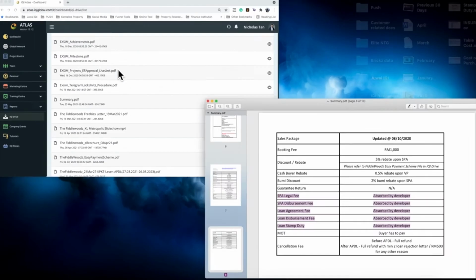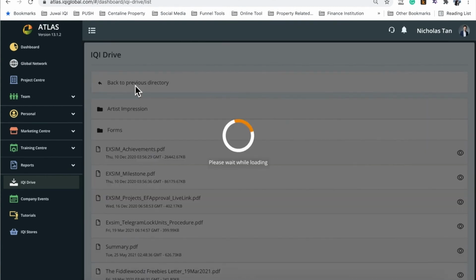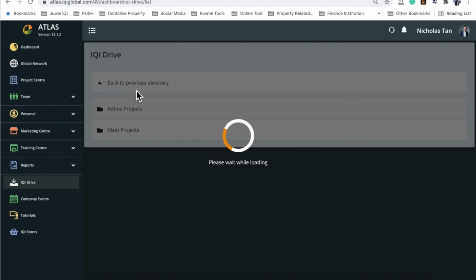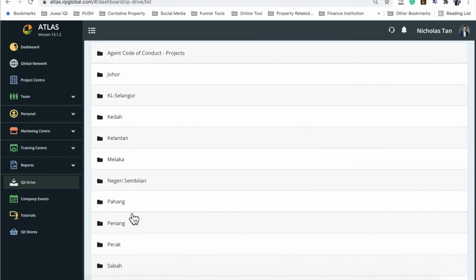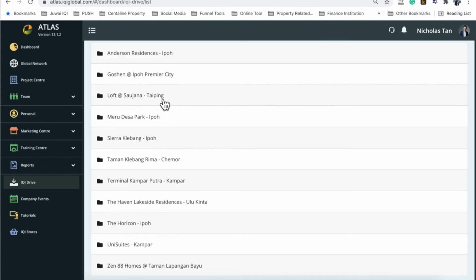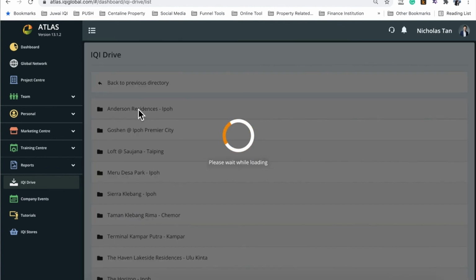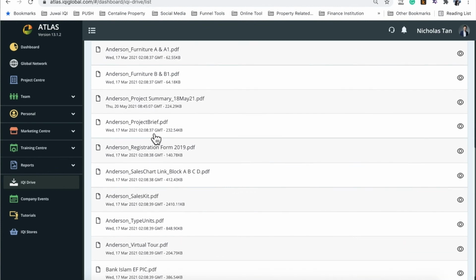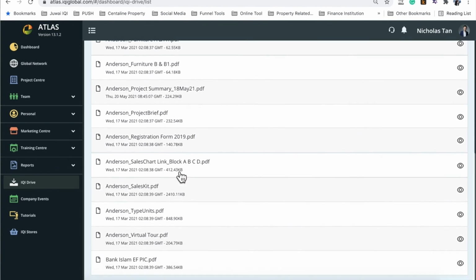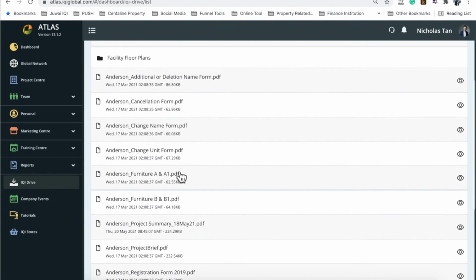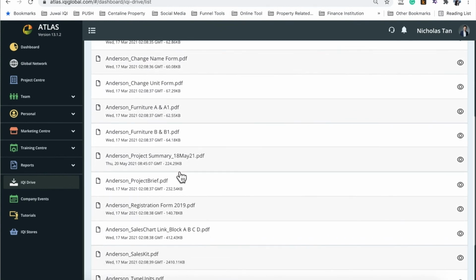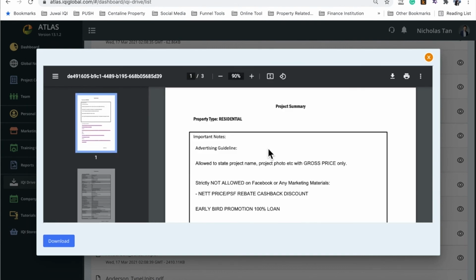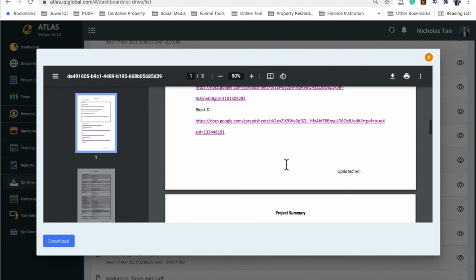Let me give you another example. If we go to different project on different states, for example Ipoh, Perak, we just simply pick one, Anderson. Different state, you have different kind of summary. I mean the outlook of the fact sheet, and you find project summary, and you will see it's slightly different here, but more or less similar.